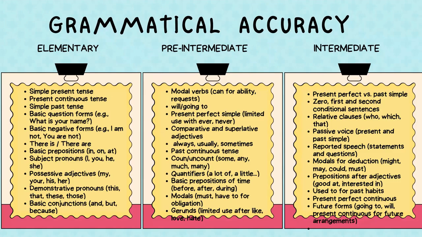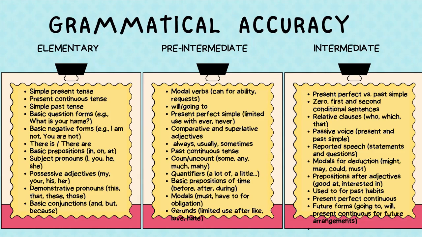Pre-intermediate level students are supposed to know modal verbs like can for ability and request. They are supposed to know present perfect simple, but of a very limited use with ever, never only. Comparatives and superlatives of adjectives, some adverbs of frequency like always, usually, sometimes. Past continuous tense.